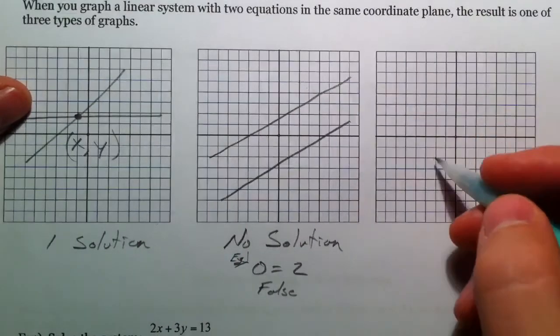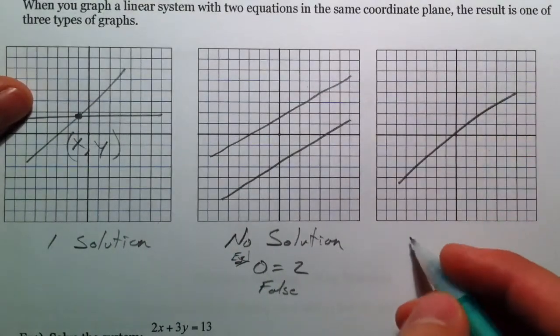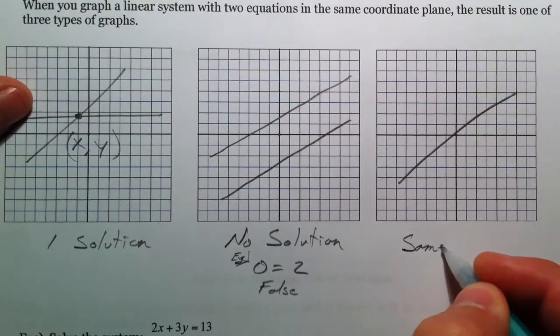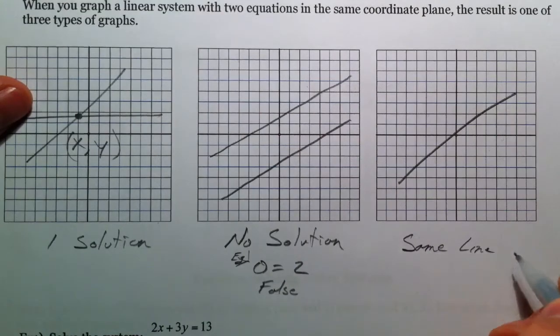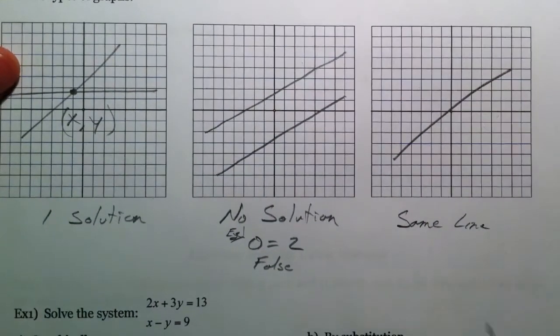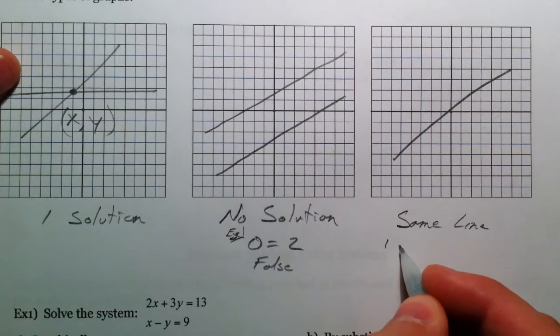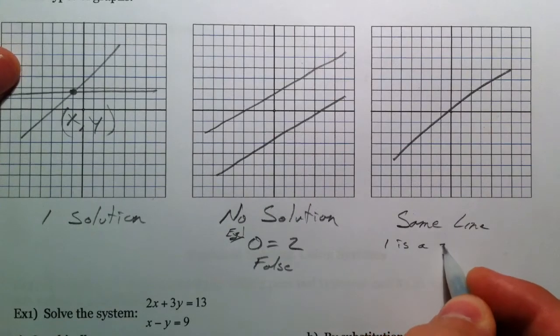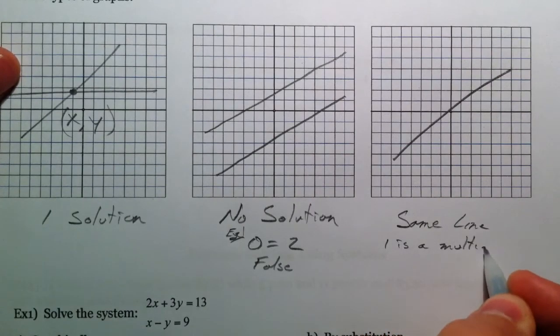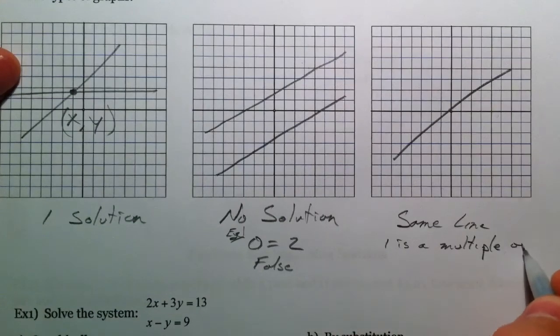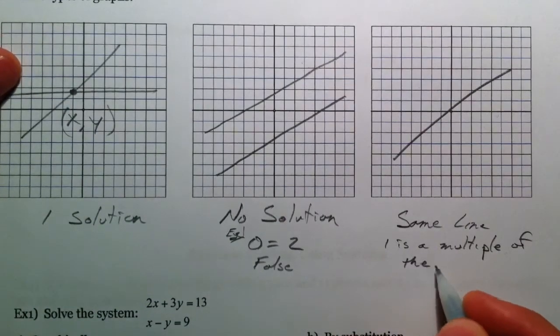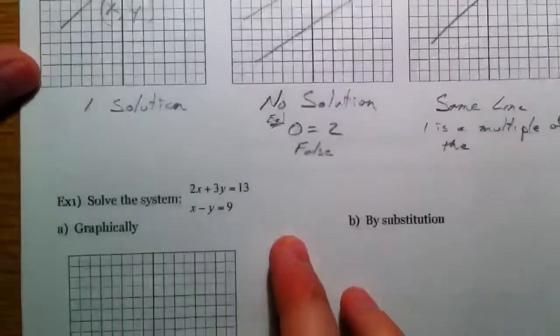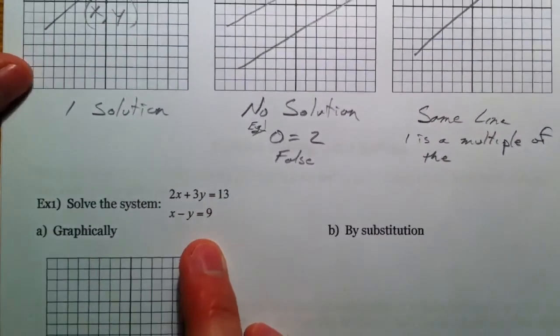And then the other possibility is that it could be the same line. One is a multiple of the other. And so you're saying, well, wouldn't I notice if these equations were the exact same?